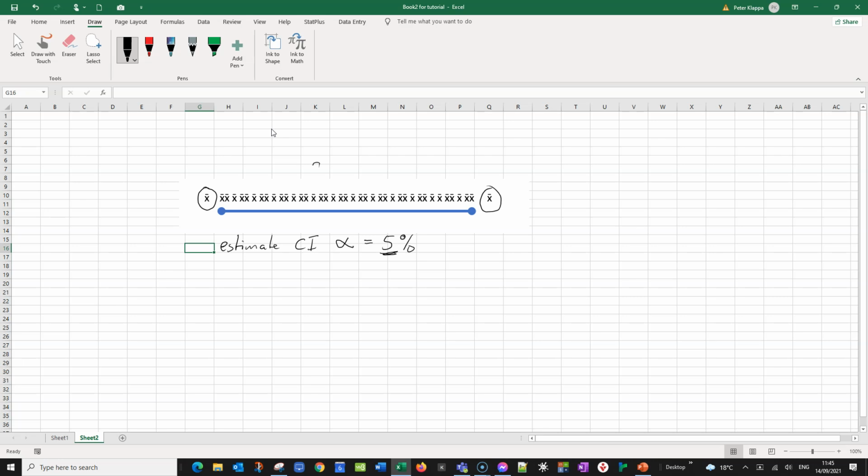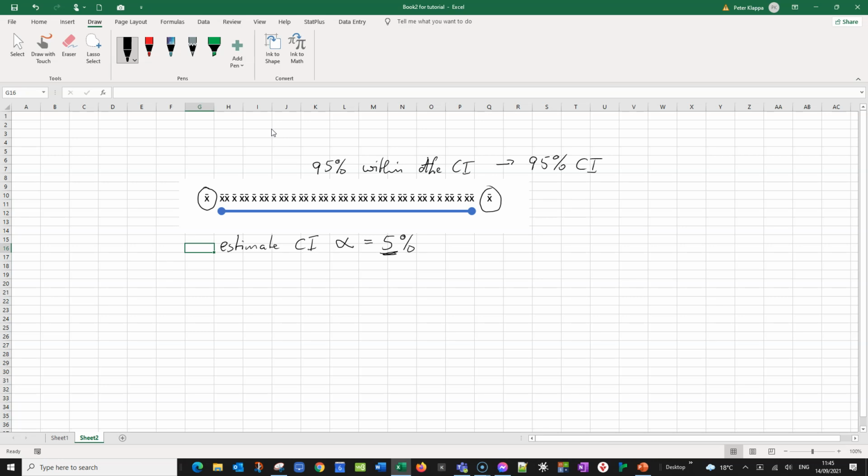Or in other words, 95% of the samples are within the confidence interval. And that would be called a 95% confidence interval.